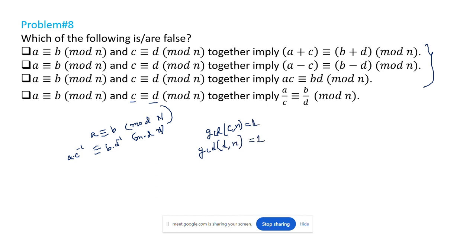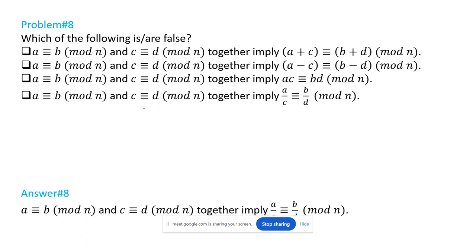Then only we say that the inverse of those elements exist, and because C is congruent to D modulo n, C inverse and D inverse are also the same number in modulo n, and this holds. So this will not always hold, that's why this is a false statement, but it will hold if C and D have inverses in modulo n.